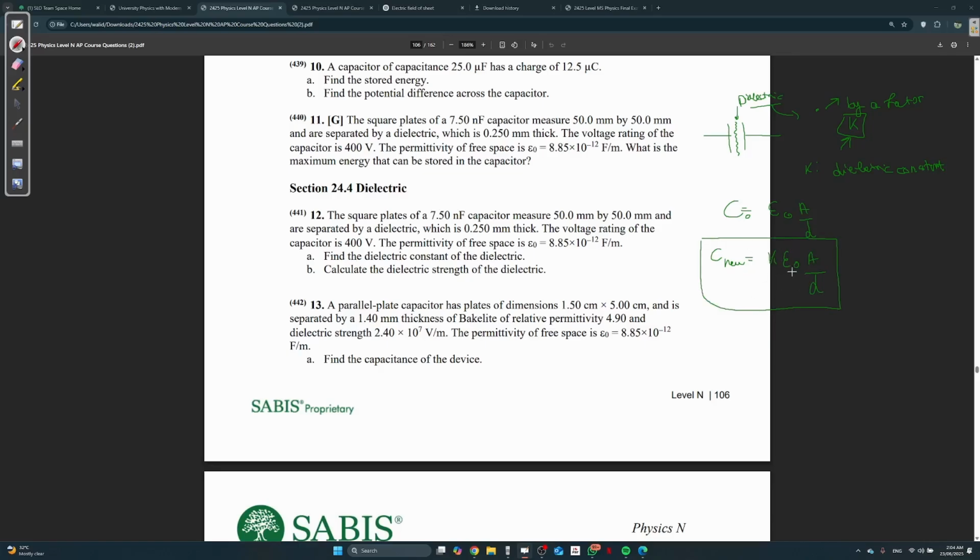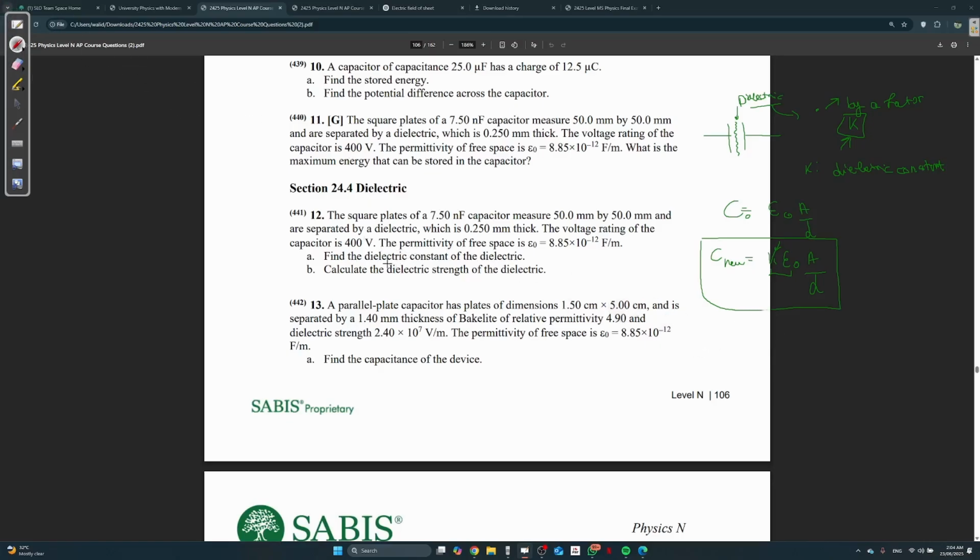Books write K epsilon 0 as just epsilon without the 0. So this is also correct without the 0, but with the 0, it needs a K.